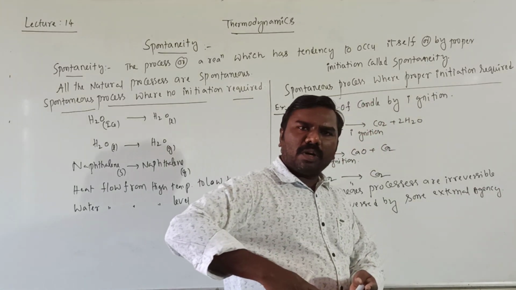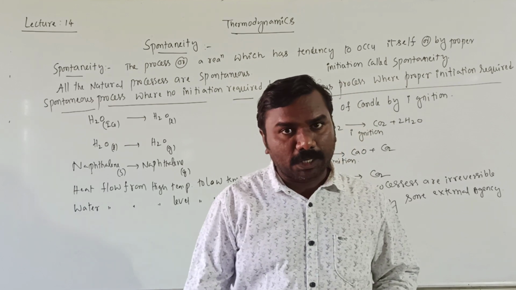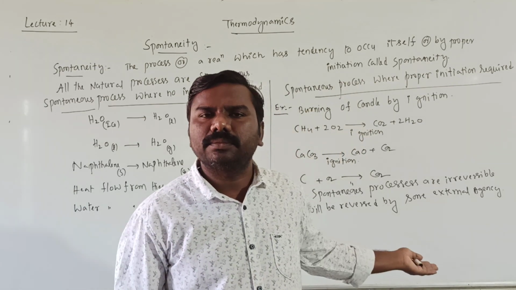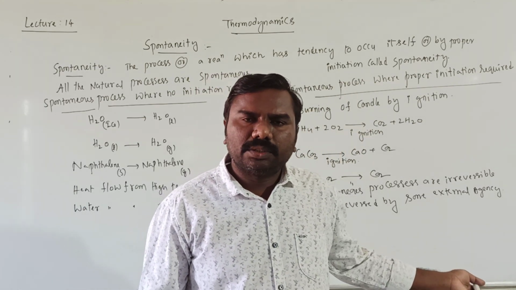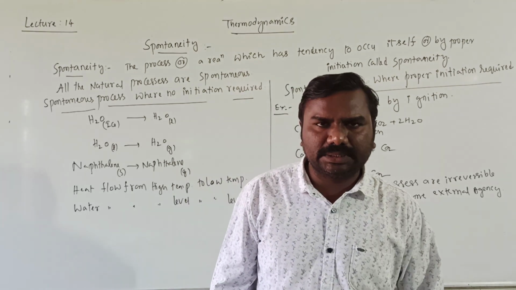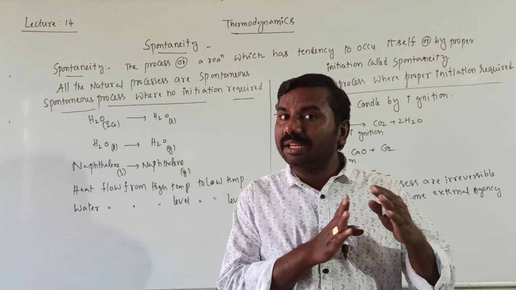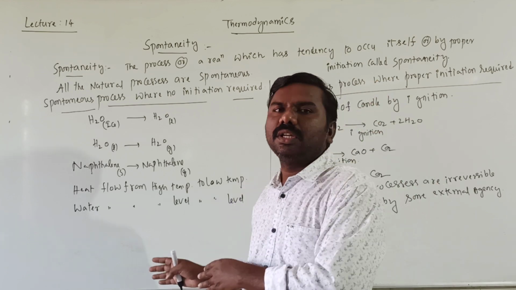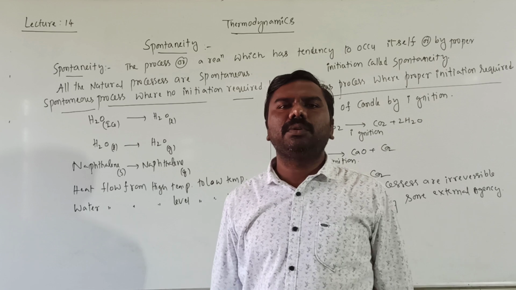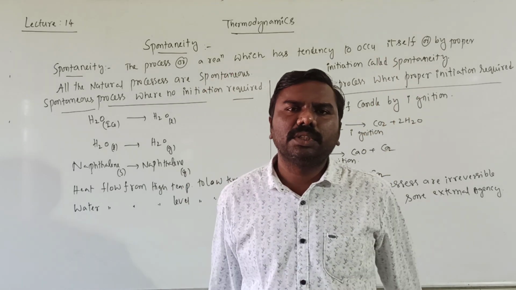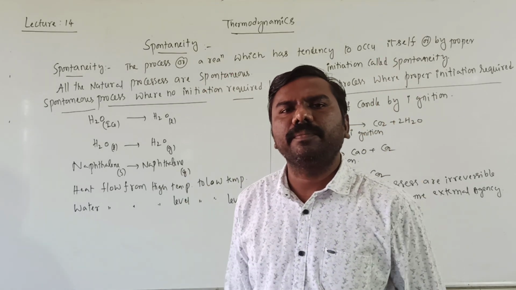Water flows from low level to high level by a motor. The motor is an external agency. Is it right or not? So all the natural processes are spontaneous. All spontaneous processes are irreversible, in only one direction. To reverse them, you need to apply some external force or external agency, right?